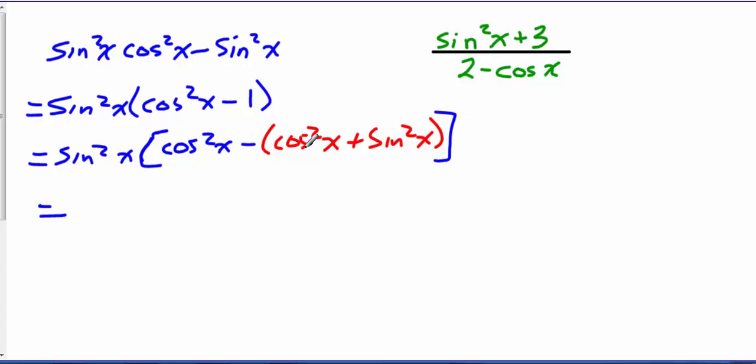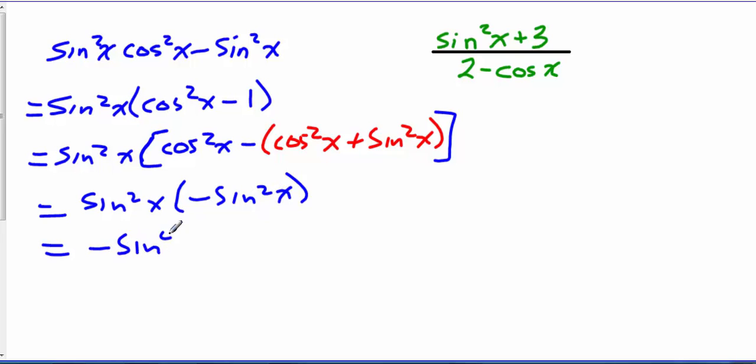And if I do try to expand this and simplify, I get sine squared x cos squared minus cos squared is 0, and then I get negative sine squared. So cos squared minus cos squared minus sine squared, I get minus sine squared. And so sine squared times sine squared is negative sine to the fourth.